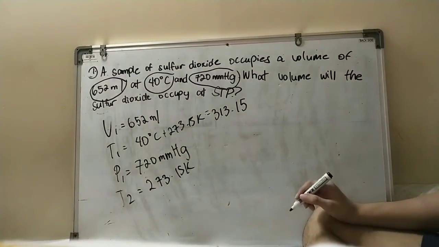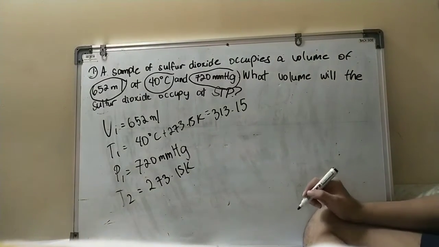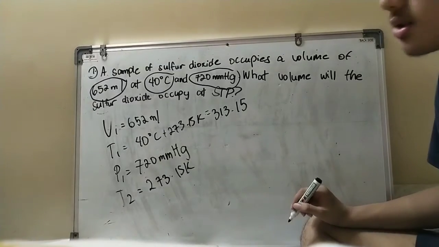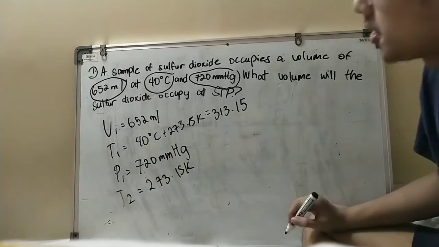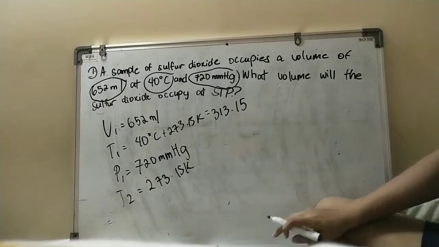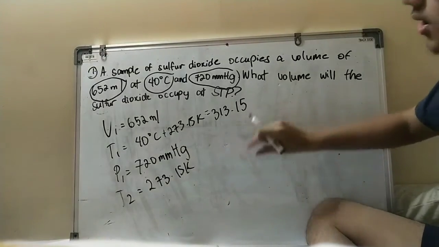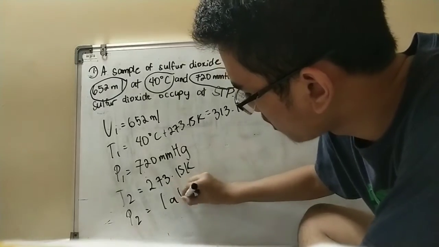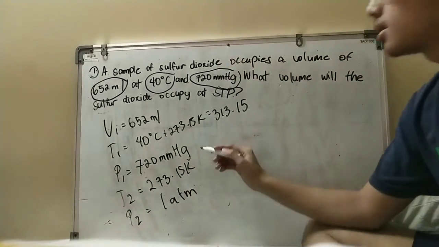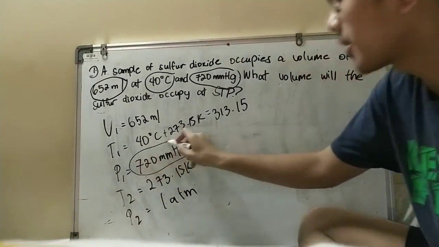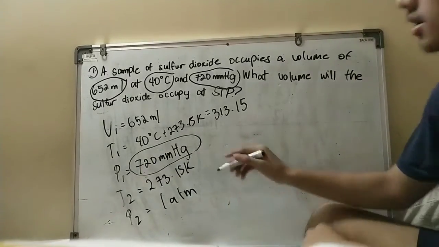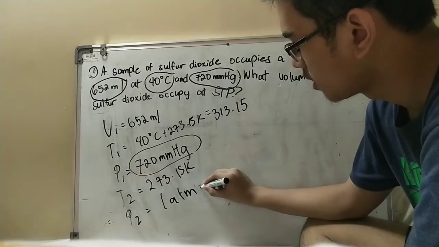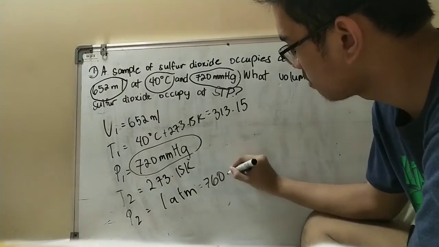Now, our standard pressure is supposed to be 1 atmosphere. But since our initial pressure is in mmHg, let's convert it to mmHg, which is 760 mmHg.